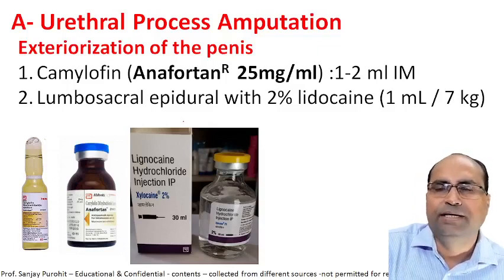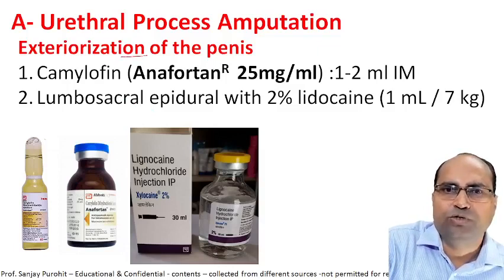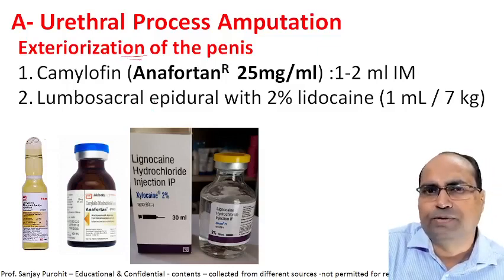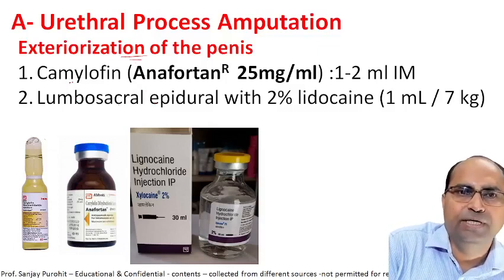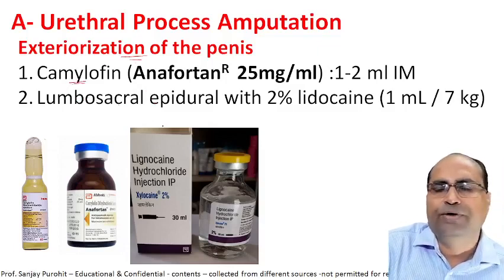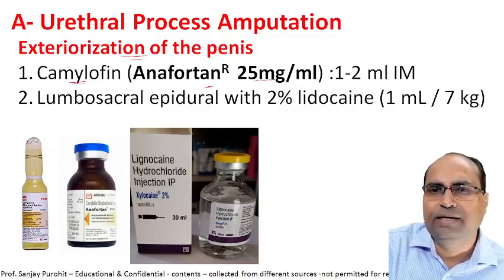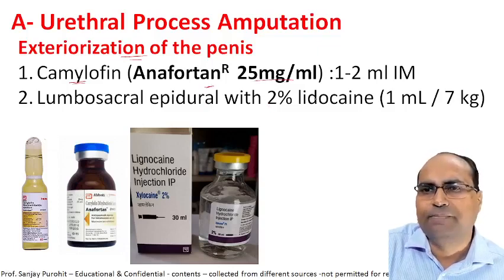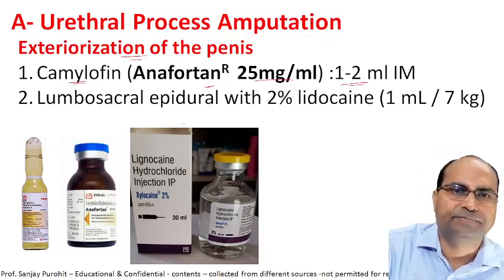To perform the amputation of the urethral process, first the extrusion of the penis is performed. To perform the extrusion of the penis, first give the camlofin, whose trade name is Anaphotone, available in 25 mg per ml. 1 to 2 ml intramuscular is sufficient.